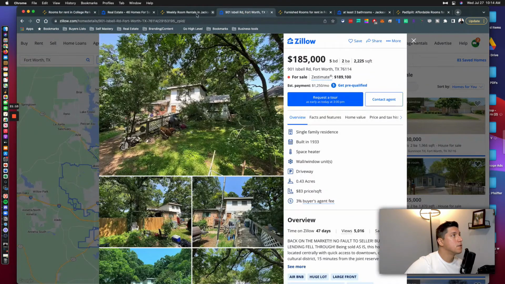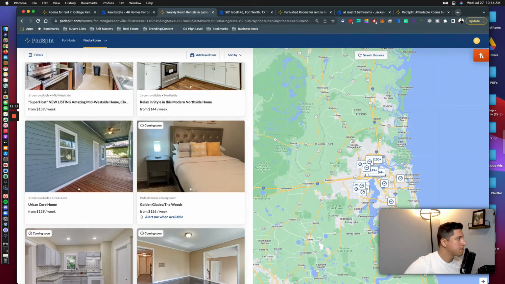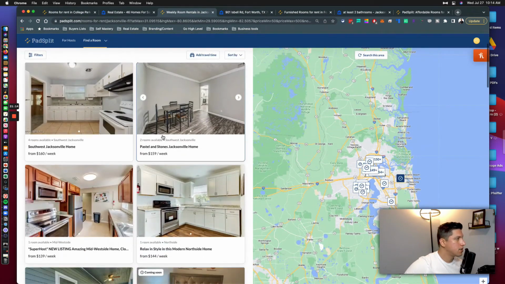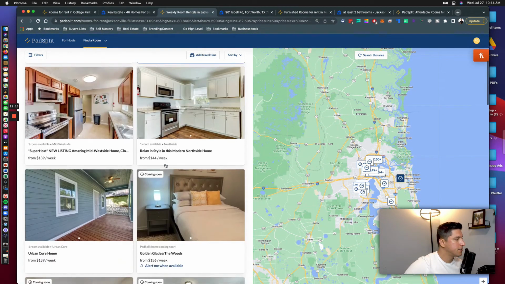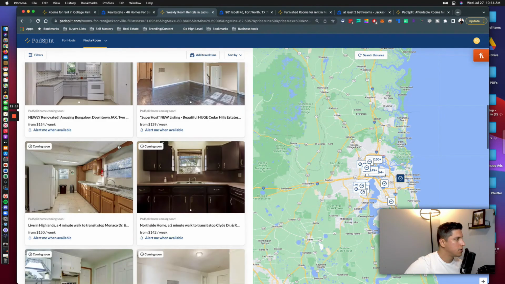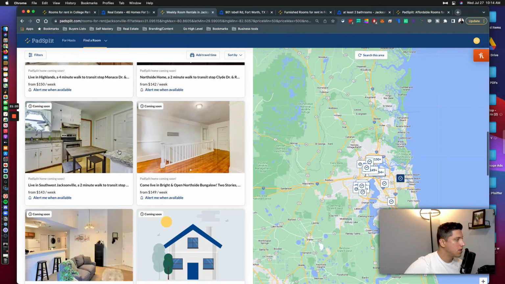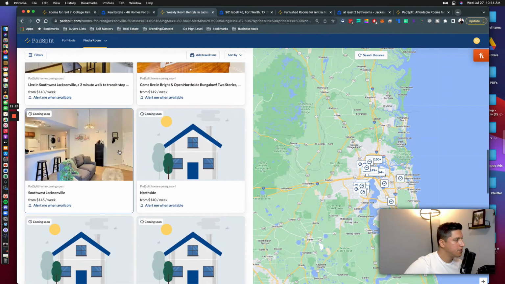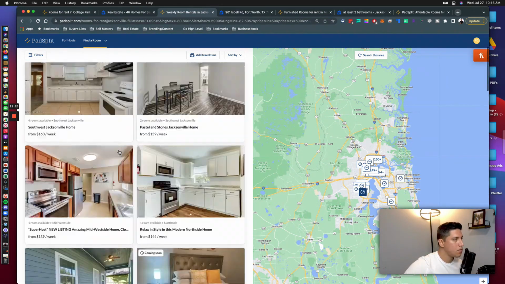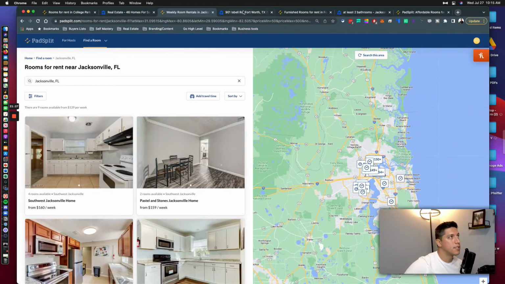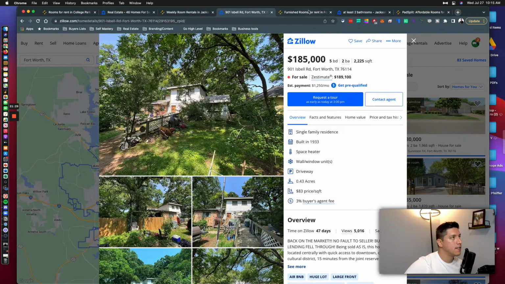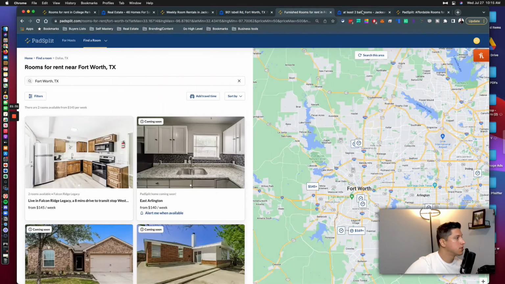And if you go to Jacksonville, it looks like 160, 160. So this looks more like 150, probably a 150 average weekly rate, maybe a little less from what I'm seeing there. And which one's this one? It's Fort Worth.